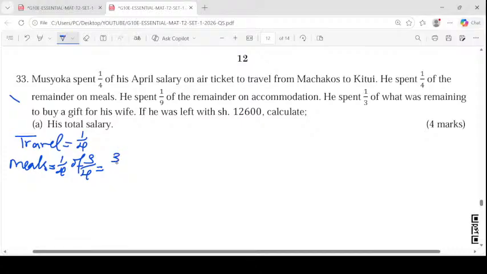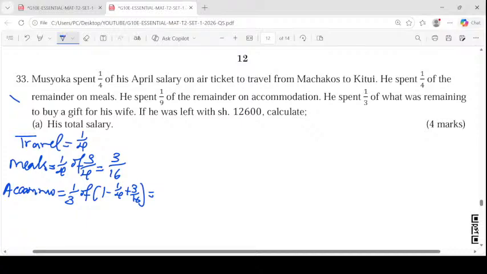So this becomes 3 over 16 on meals. Then he spent a third of the remainder on accommodation. Accommodation, this person spent a third of 1 minus a quarter plus 3 over 16. I want to see what remained first. When I take a quarter plus 3 over 16, I get 7 over 16. 1 minus that, so the remainder was 9 over 16 times now a third.